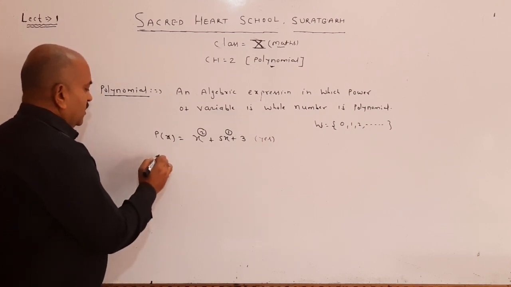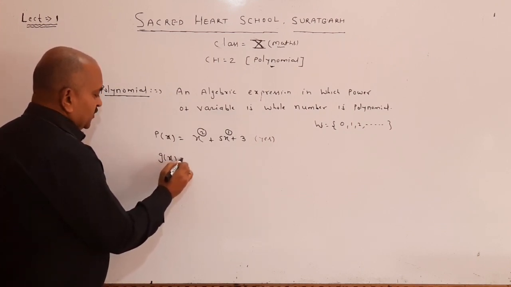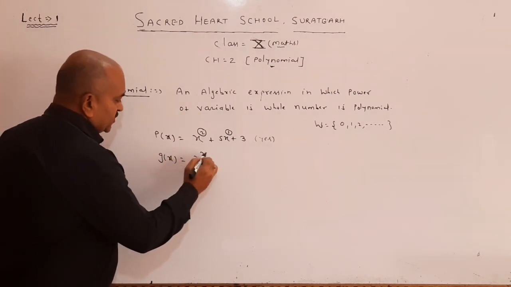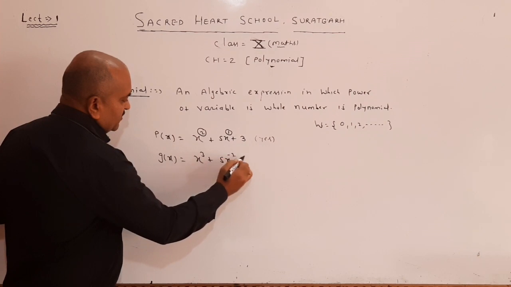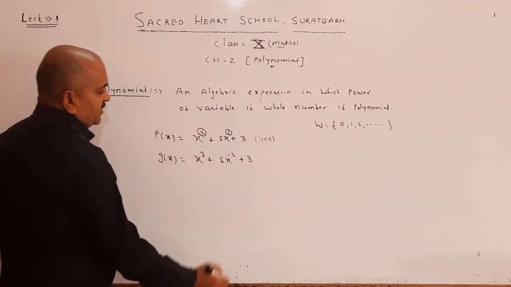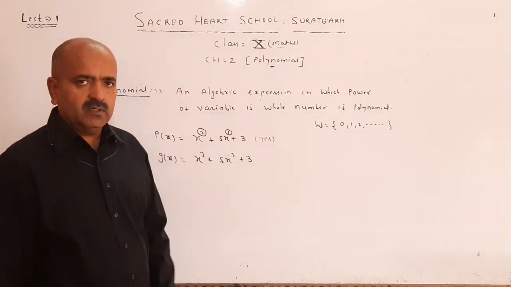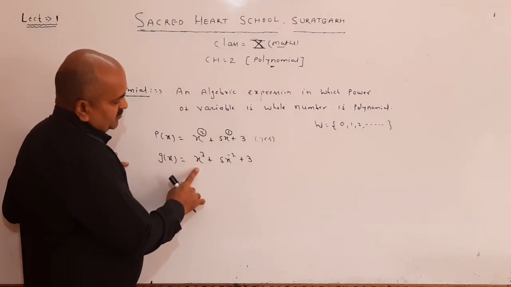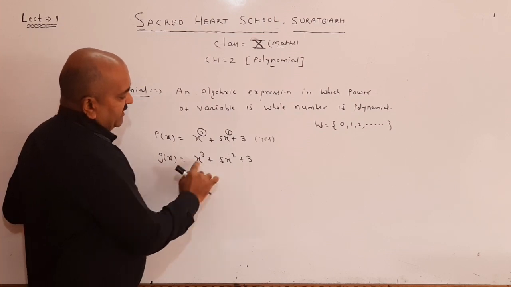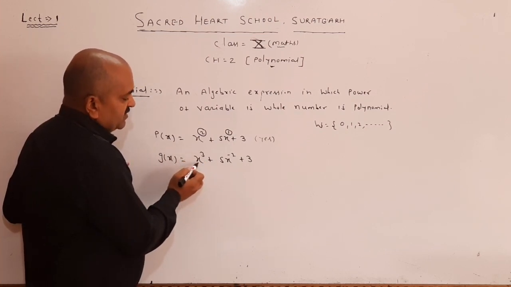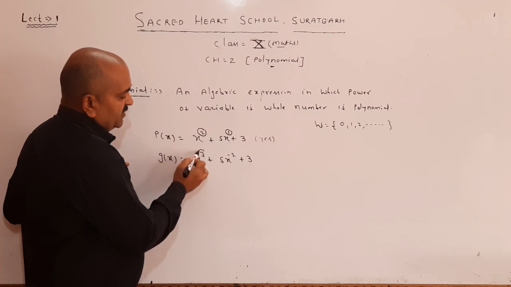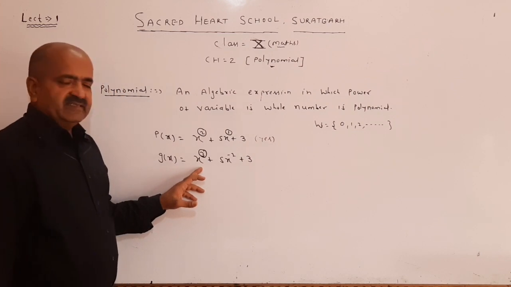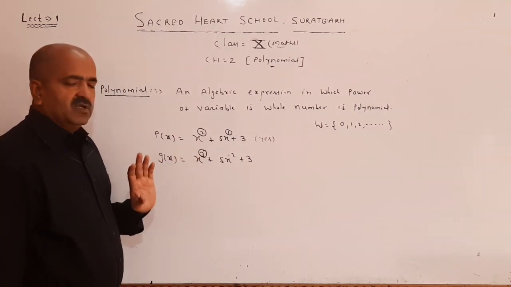Yes students, we take another example. Suppose g of x equals x cube plus 5x to the power minus 2 plus 3. Is this expression a polynomial, yes or no? In this expression, in the first term x cube, the power of the variable is 3, which is a whole number.